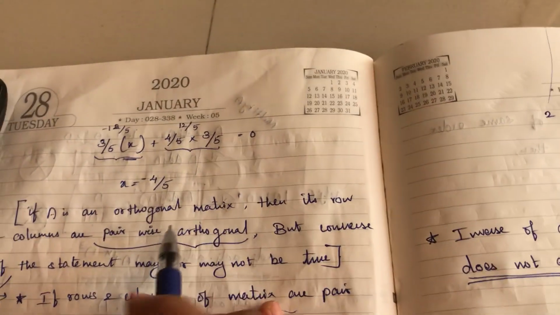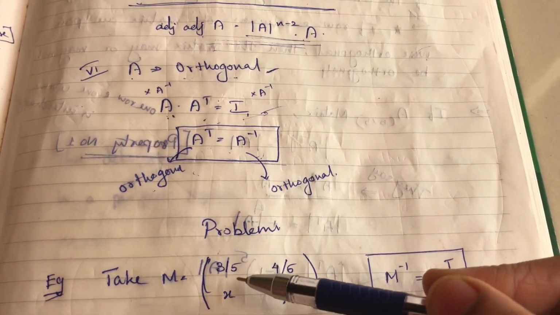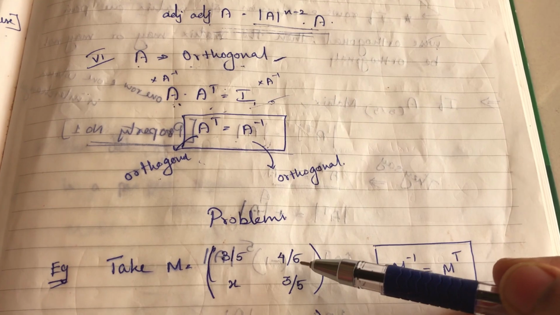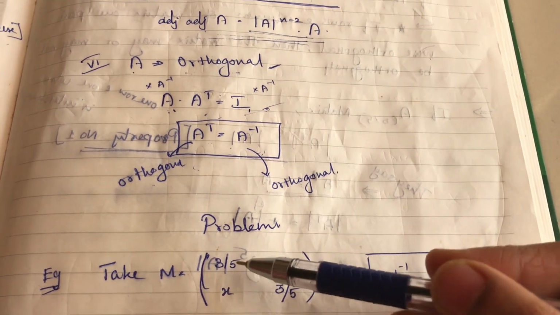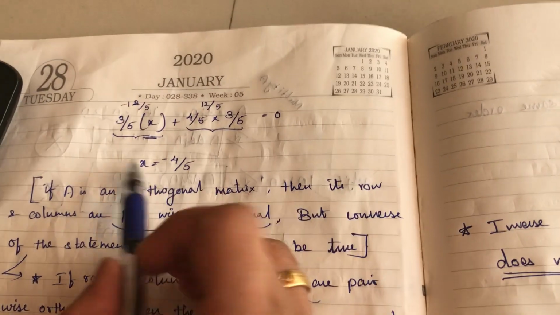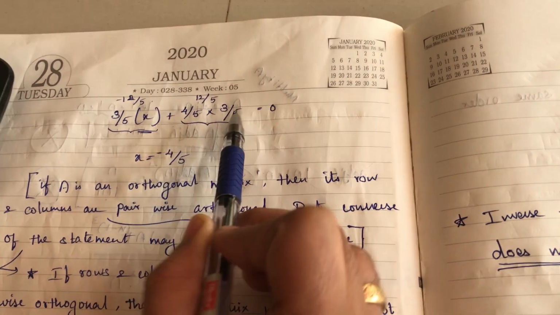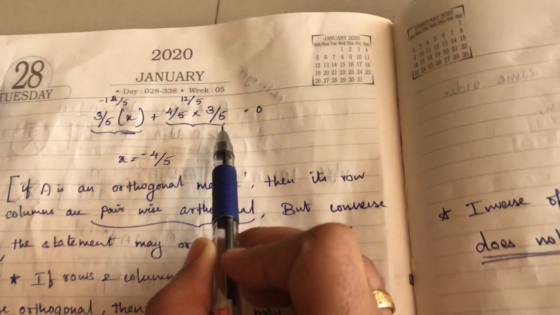To use this condition, we can easily multiply this as 3 by 5 into x, 4 by 5 into 3 by 5. I have multiplied column wise. So we can easily multiply it as 3 by 5 into x plus 4 by 5 into 3 by 5.